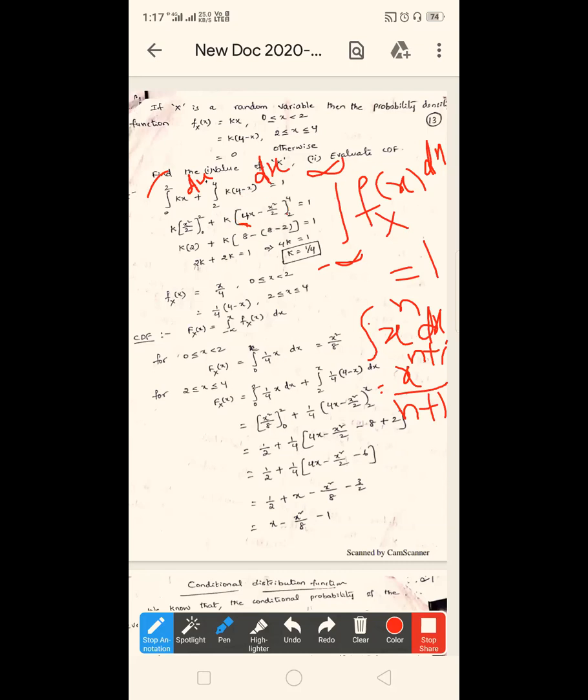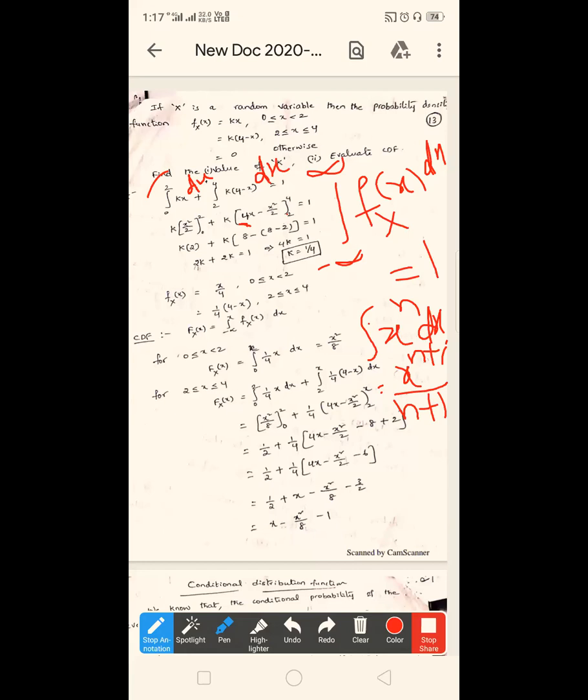Here in 4 minus x, between 4 and x we have a minus symbol, so you can separate the terms. You have to apply integration separately. So 4 is constant. Integral 1 dx means x only, minus integral x dx means x square by 2.